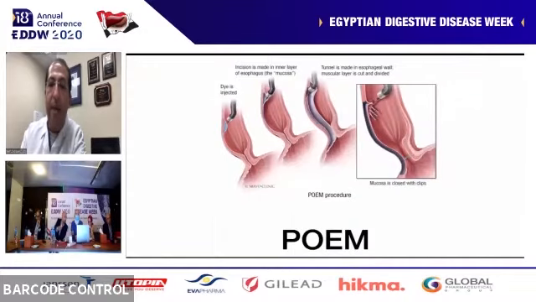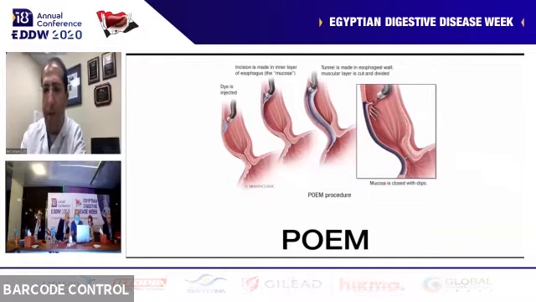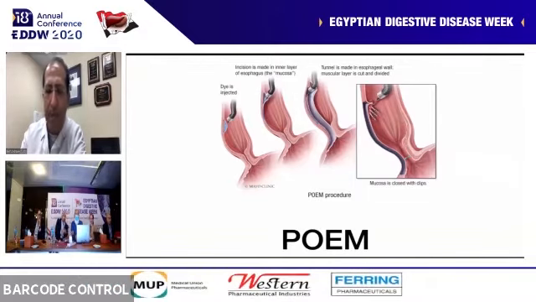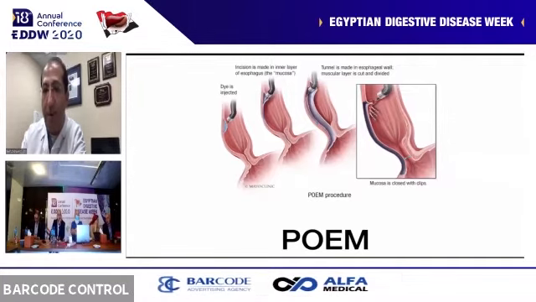And then coming to POEM. POEM is basically, and we're going to talk about the history of it, a procedure that was thought of by a cardiothoracic surgeon and endoscopist, Dr. Inoue, who's obviously world-renowned, who had the interest in performing myotomies for patients with achalasia through natural orifice.